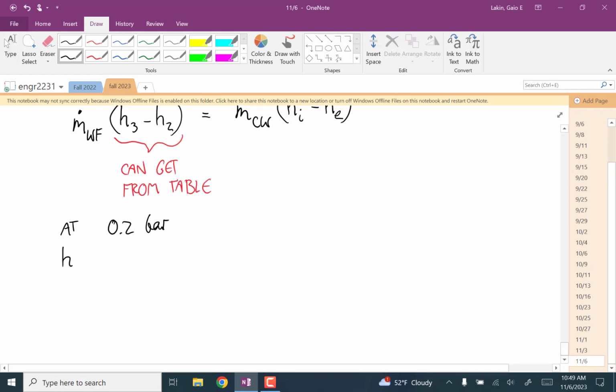So we know that h gas, that's something you can look up, is 2609.7 times 10 to the third joules per kilogram. We know that h for the liquid is 251.4 times 10 to the third joules per kilogram.